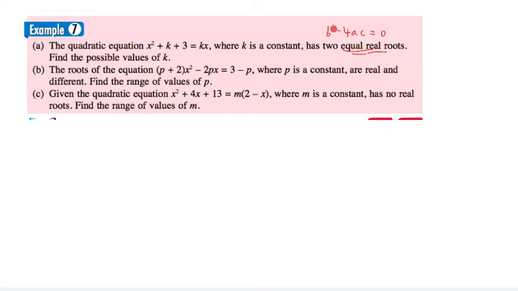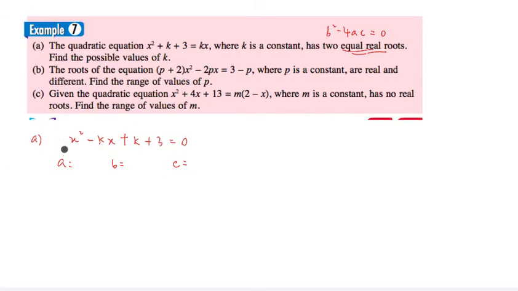We start from here. For a, we need to rearrange: x squared, this one kx goes there, minus kx plus k plus 3. You have to be very sure what your a, b, and c are.